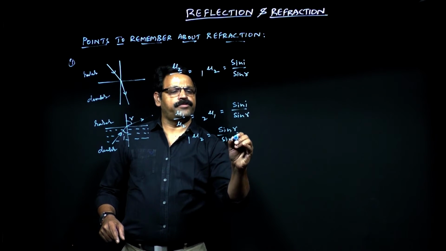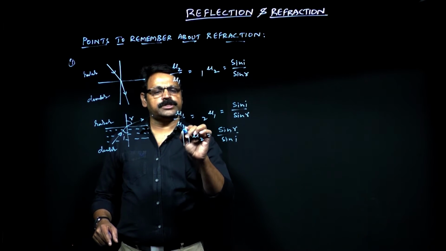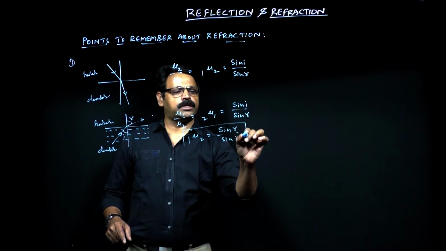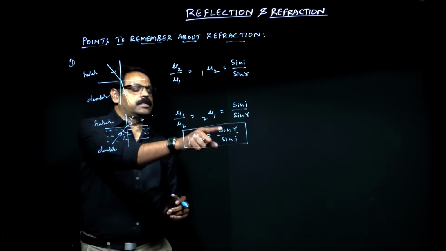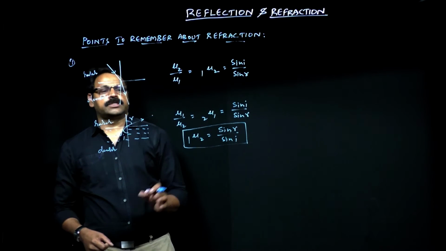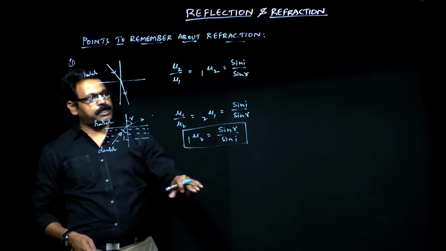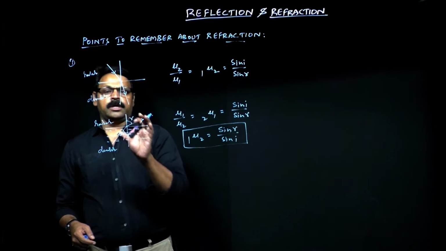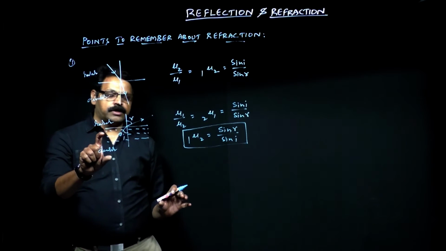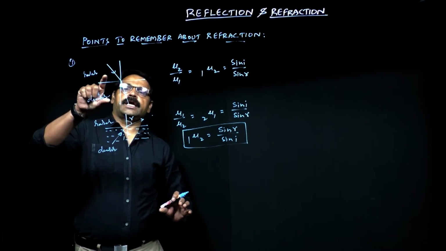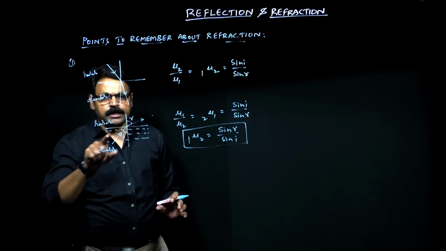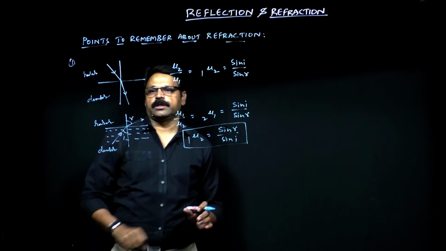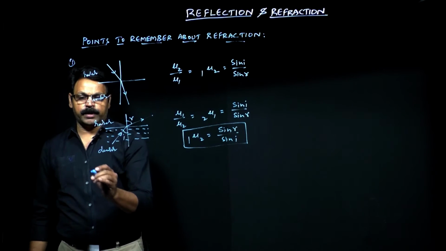If the orientation is changed, and the ray moves from denser to rarer, then reverse the formula, which always gives the refractive index of the second medium. In order to get the refractive index of the denser medium, in case of rarer to denser, use this formula. In case of denser to rarer, use this formula. So this is one point to be remembered.